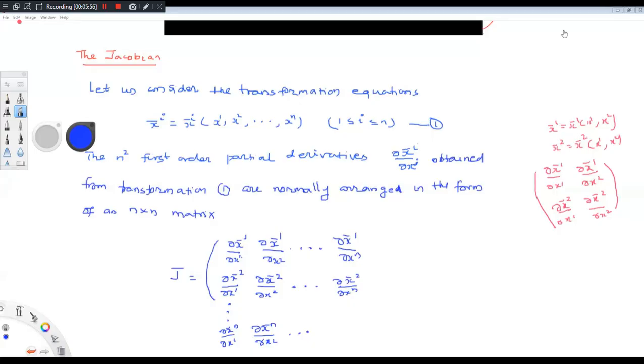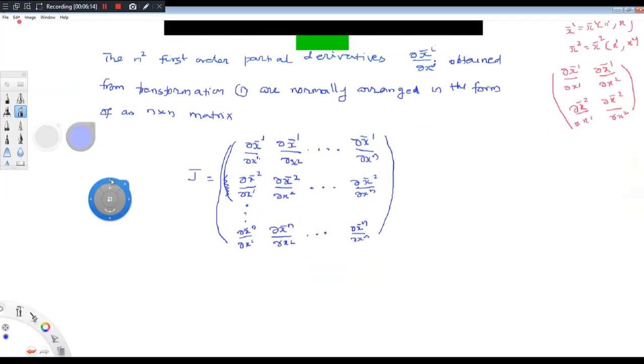So this we got is called the Jacobian matrix.